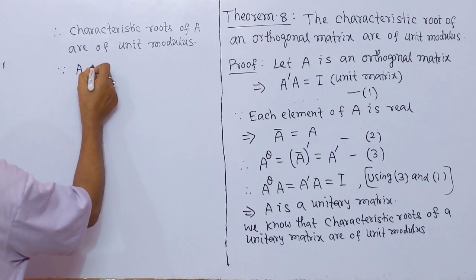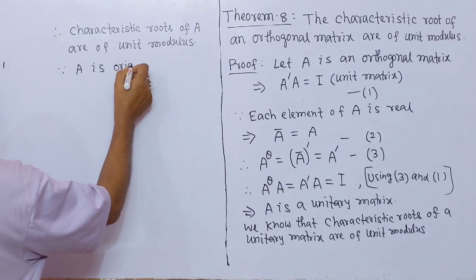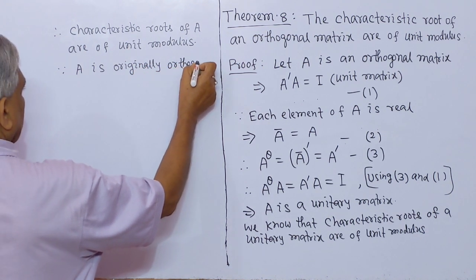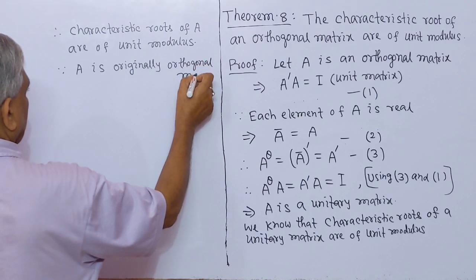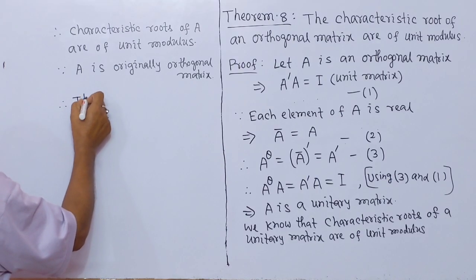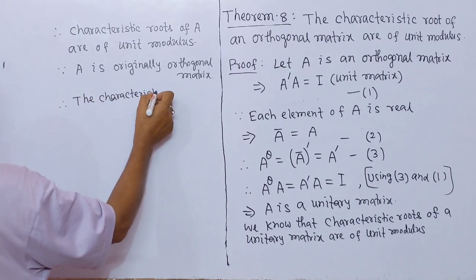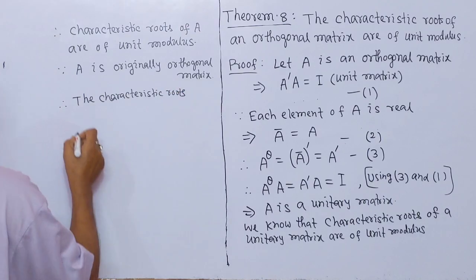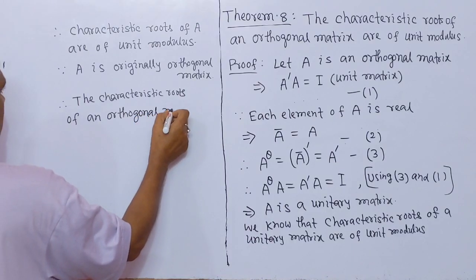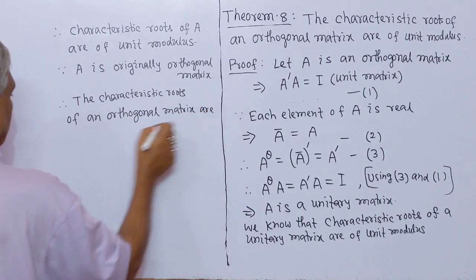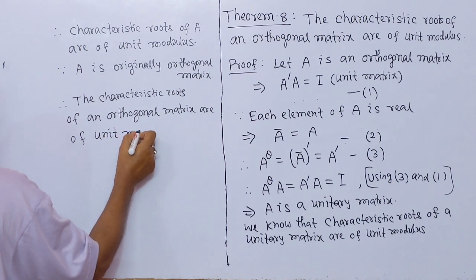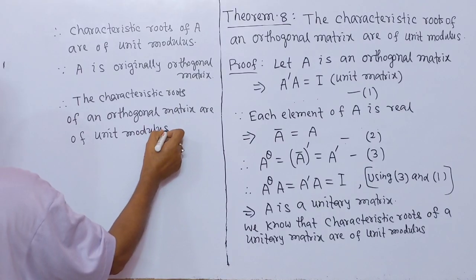Since A is originally an orthogonal matrix, the characteristic roots of an orthogonal matrix are of unit modulus. Proved.